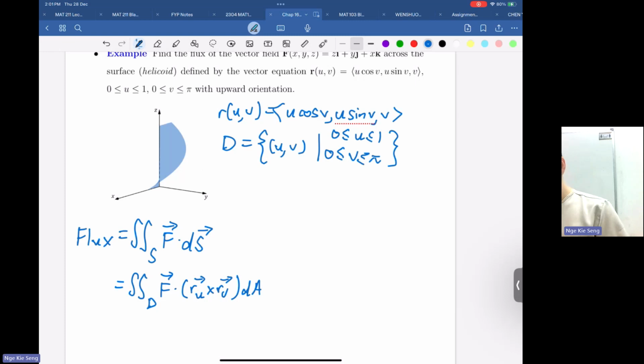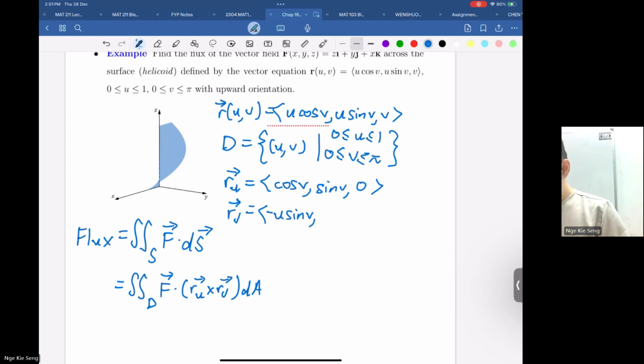I need to compute ru, so differentiating r with respect to u, you get (cos v, sin v, 0). How about rv? It is (-u sin v, u cos v, 1). So you cross these two together, what do you get?